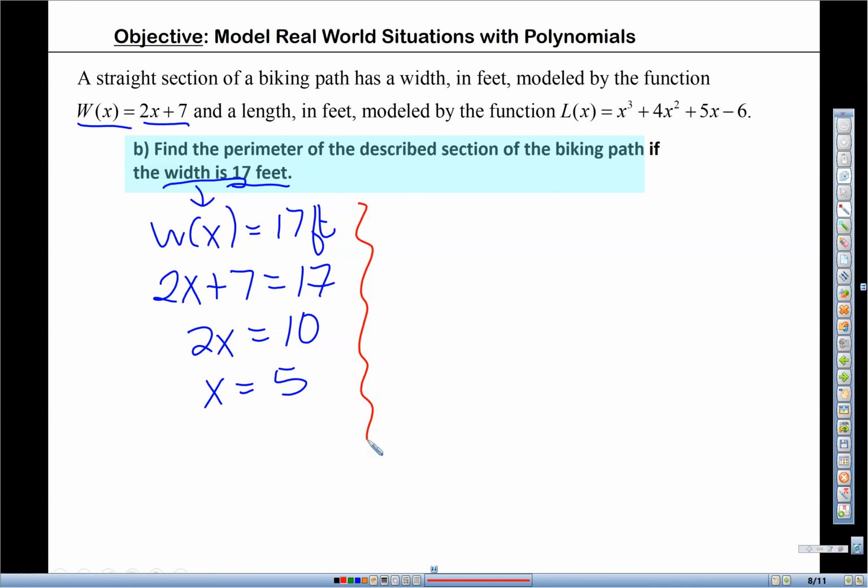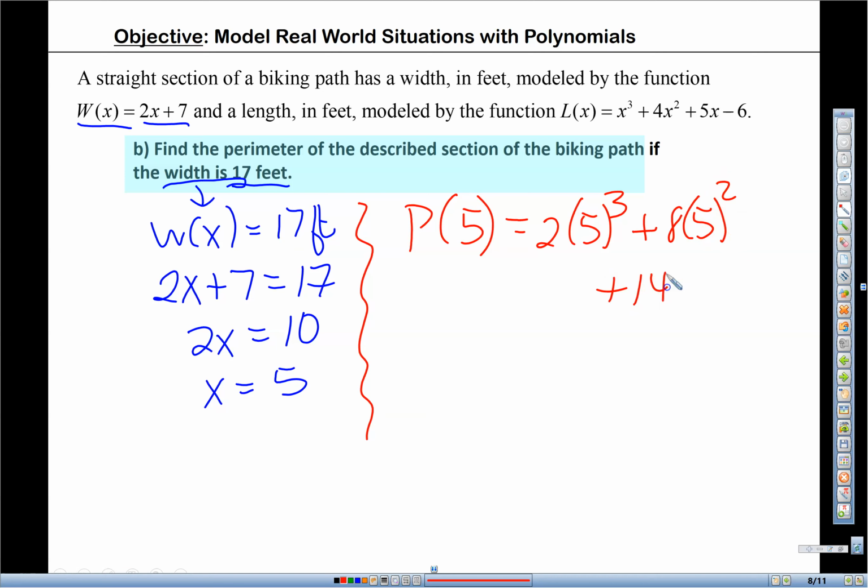So now I would take my perimeter function from part A, and I'm going to evaluate it for an x value of 5. So I have 2 times 5 cubed plus 8 times 5 squared plus 14 times 5 plus 2.